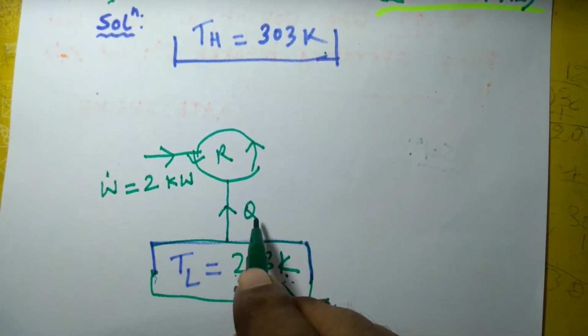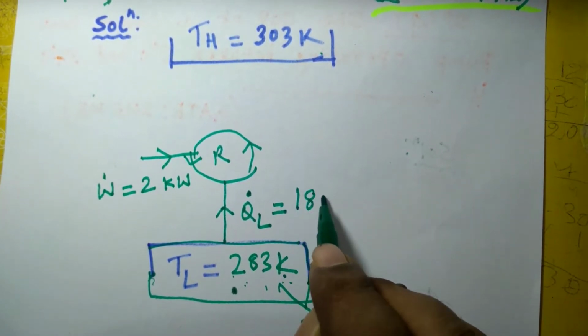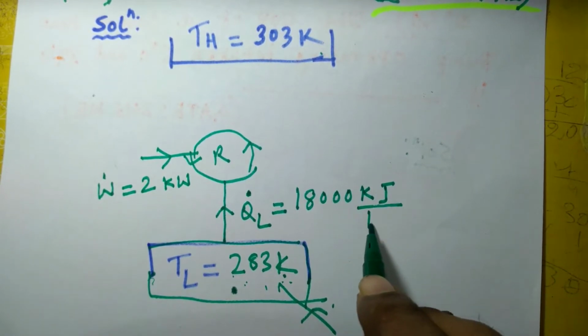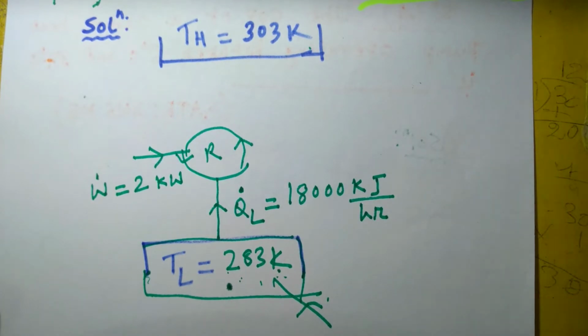Suppose this is Q dot L. Q dot L is given to be 18,000 kilojoule per hour. And what has been asked to find out is the ratio of COP of this refrigerator to that of a Carnot refrigerator.